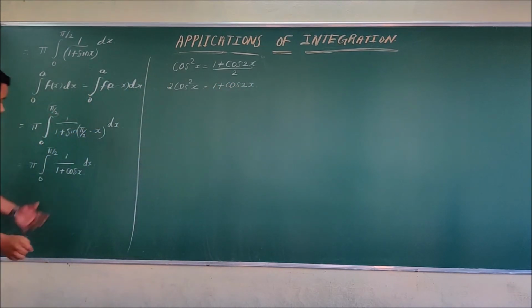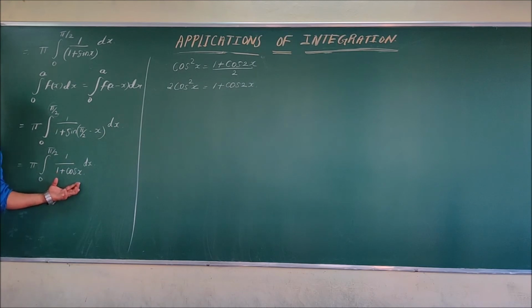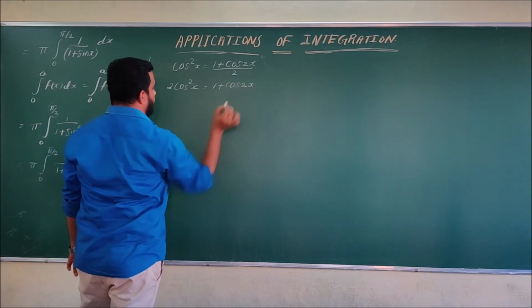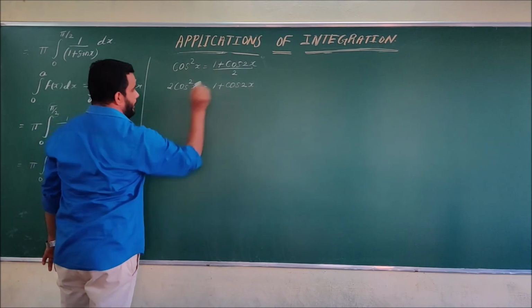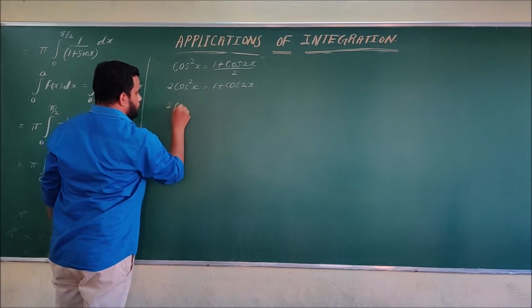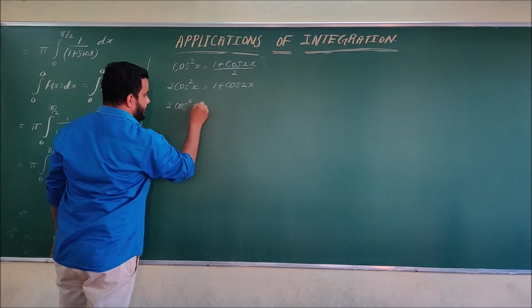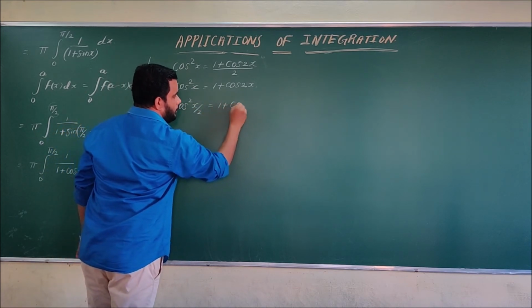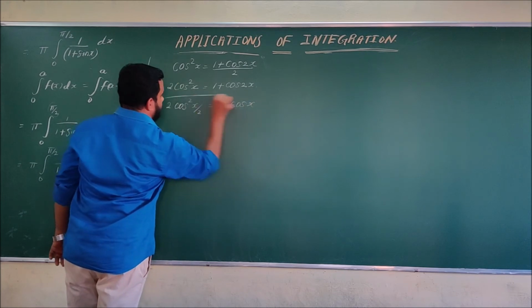But we have the denominator 1 plus cos x only, so we divide the argument by 2: 2 cos square x by 2 is equal to 1 plus cos x.